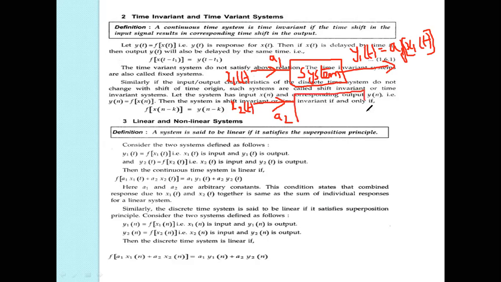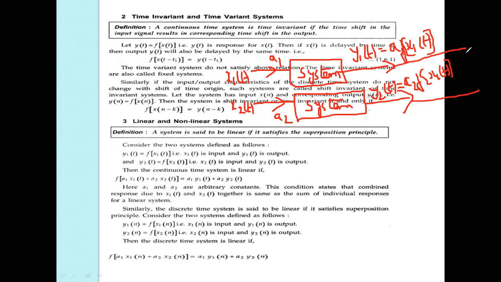And similarly, if I give the other signal to the system, I get the response y2 of t, that is a2 into the function of x2 of t. I wrote it as a function because it is passed to the system. And these two signals we add to get the response y of t.